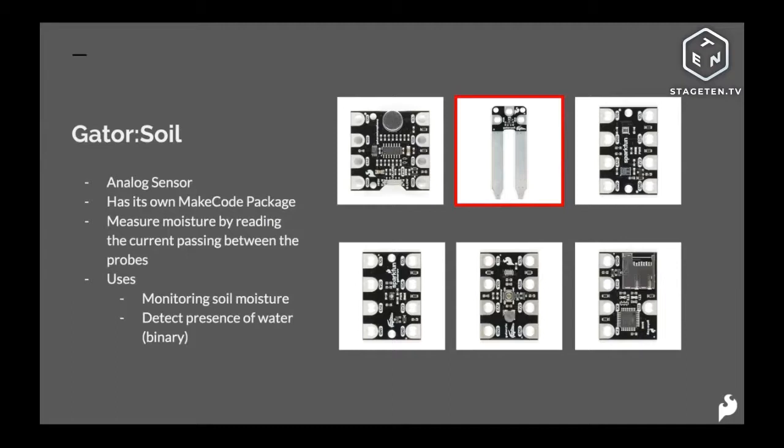Or maybe you're looking at a creek to see if the creek has risen. We can put the sensor above the water level a little bit, and if that water rises and comes in contact with those two probes, it will close that circuit, and the sensor can alert the Microbit to do something. Set off an alarm, for example.